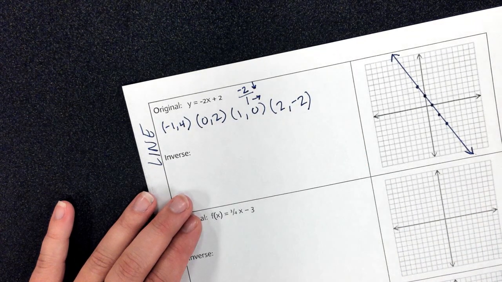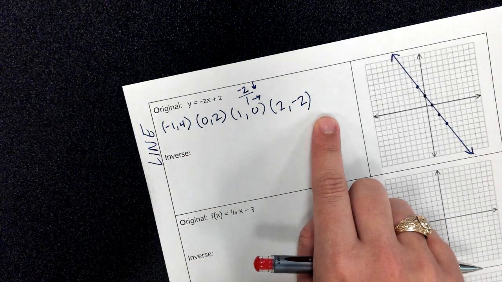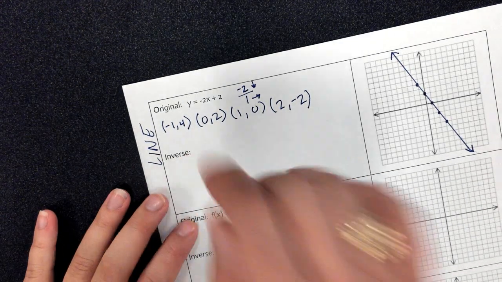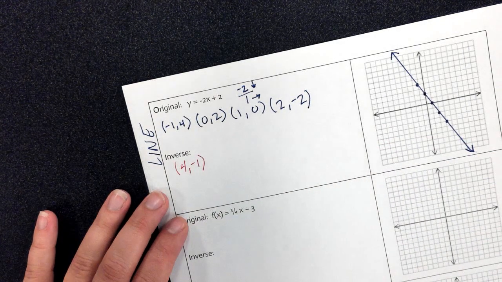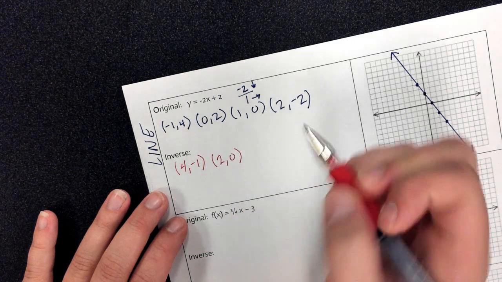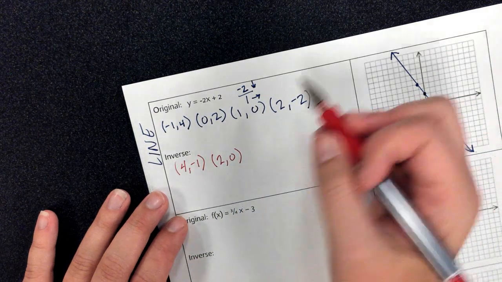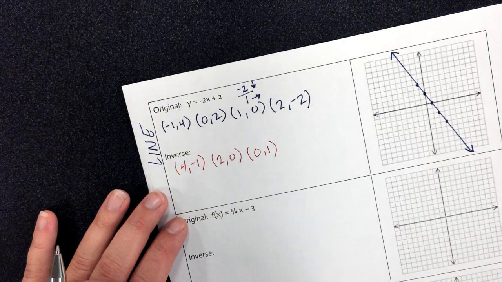So I can take my colored pencil and what can I do to these points? I can inverse or flip them. So instead of negative 1, 4, I will have 4, negative 1. Instead of 0, 2, I will have 2, 0. Very good. Instead of 1, 0, I will have 0, 1.